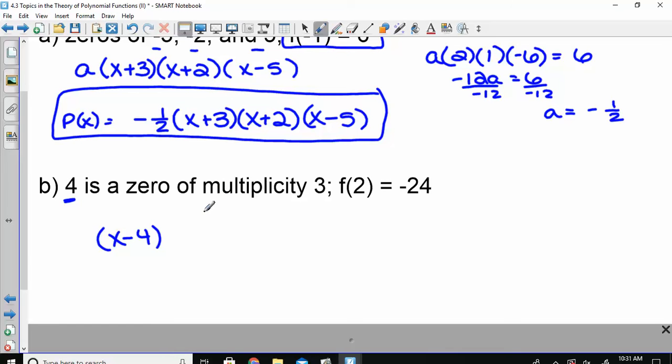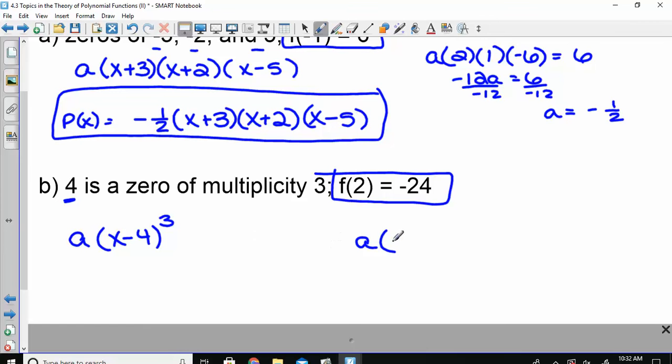When we said that multiplicity was how many times it was a zero, it was like the exponent. So if the multiplicity is 3, that means it has a cube on that. Then I've given you some information. f of 2 equals negative 24. So we have to figure out what this number is in front.